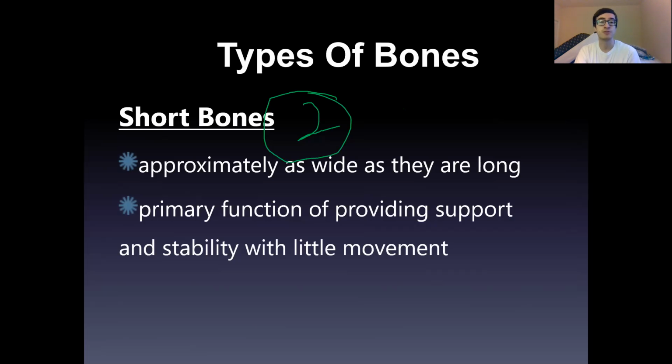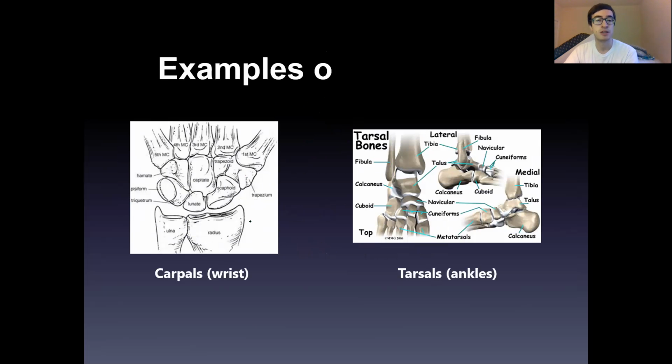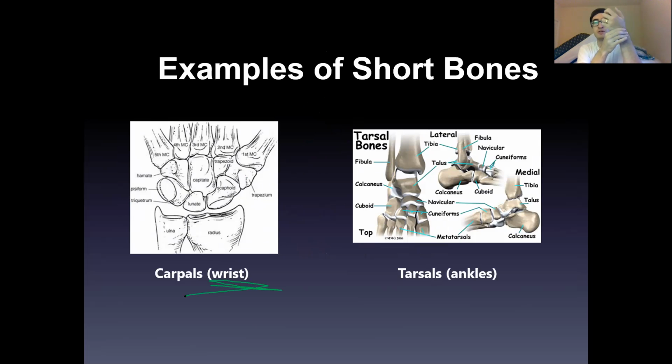So we tend to have lots of little short bones in particular areas, especially in your wrist, so your carpals right here. There's a lot of little short bones all in there. And same thing with your tarsals or your ankles. So your carpal is your wrist, your tarsal is your ankle.